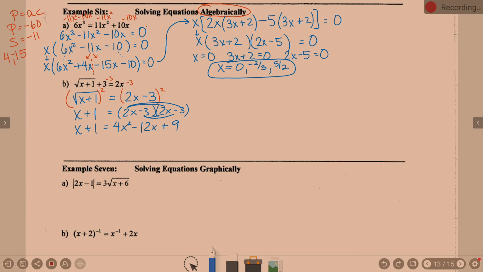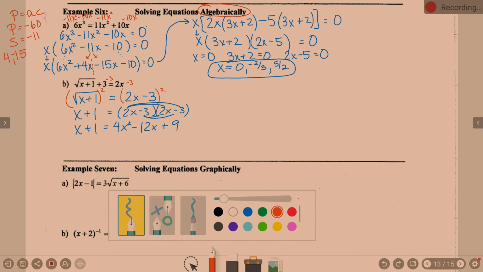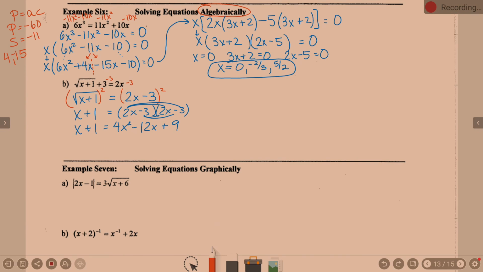In order to do that, I'm going to subtract x and subtract 1 over to the right. So x minus x will cancel, 1 minus 1 will cancel. On the right, I have 4x squared minus 12x minus x is minus 13x plus 9 minus 1 is 8.